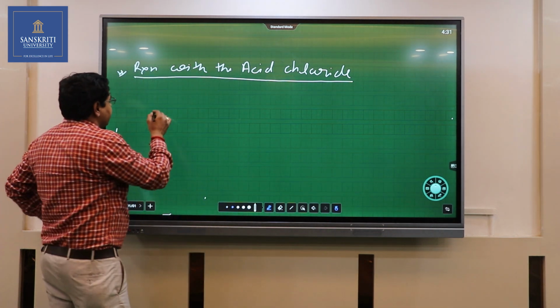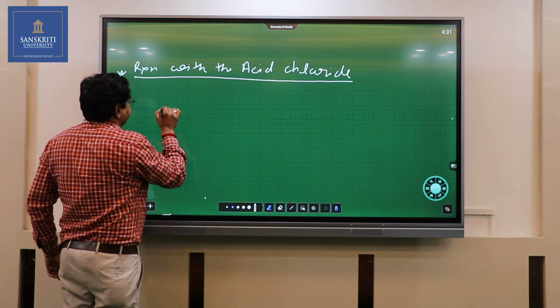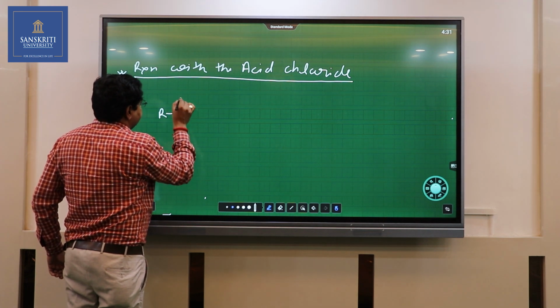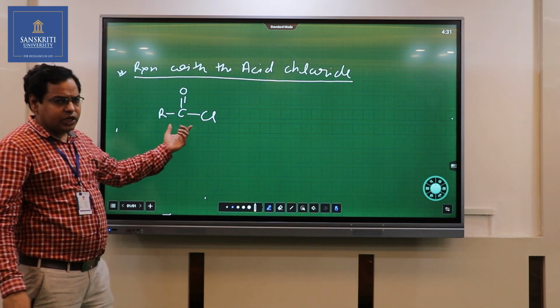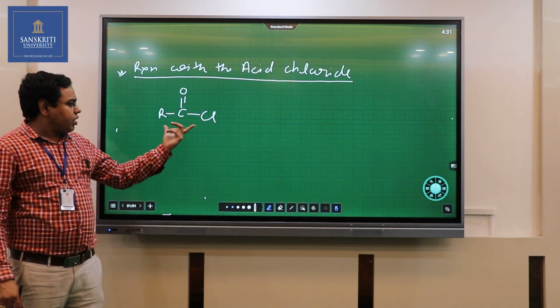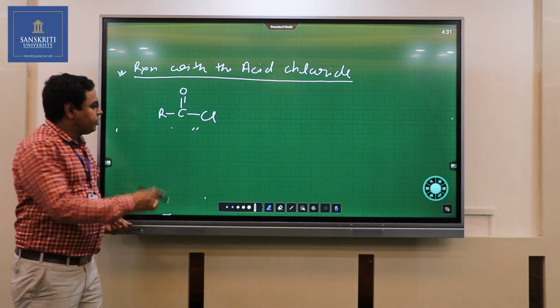See, this is the general chemical formula of acid chloride.